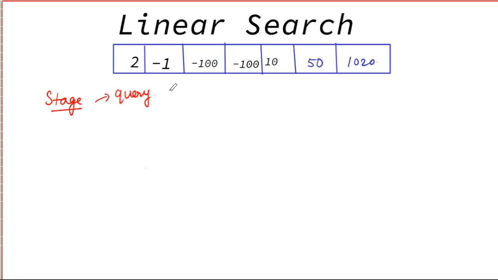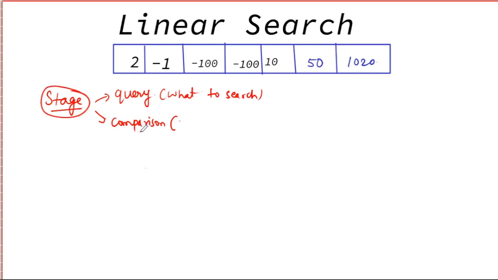In the query, the question is about what to search. And then a comparison has to be made, related to the query. So these are the stages of any search algorithm.